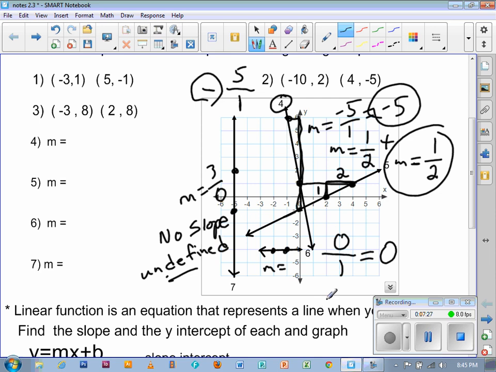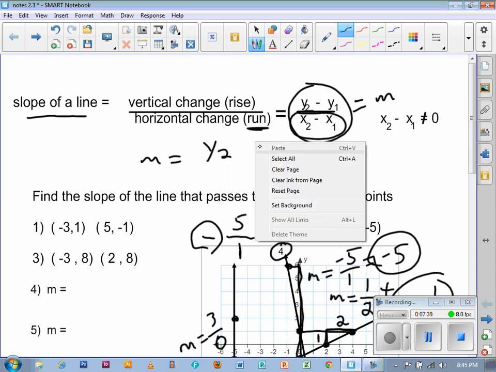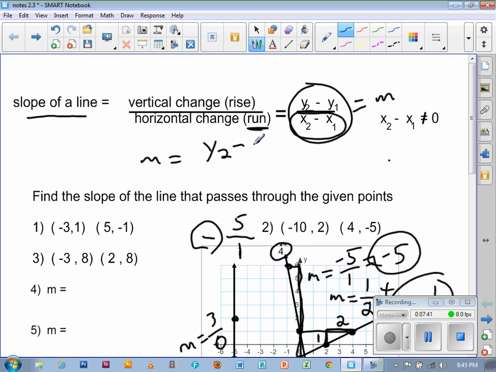Now the next step is to figure out slopes of lines without graphing. So what we're going to primarily do is use this formula, which I'm sure you're familiar with. It's y sub 2 minus y sub 1 over x sub 2 minus x sub 1. What this allows you to do is find that rise over run without graphing.